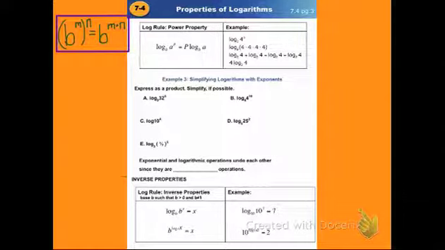Now what about the power property for logarithms? Since a logarithm is an exponent, it really does say the same thing, but in a slightly different way. If you have a logarithm, which by the way is an exponent, raised to an exponent, you can rewrite it as a product of the exponents. This logarithm is one exponent, and the power p is another exponent.